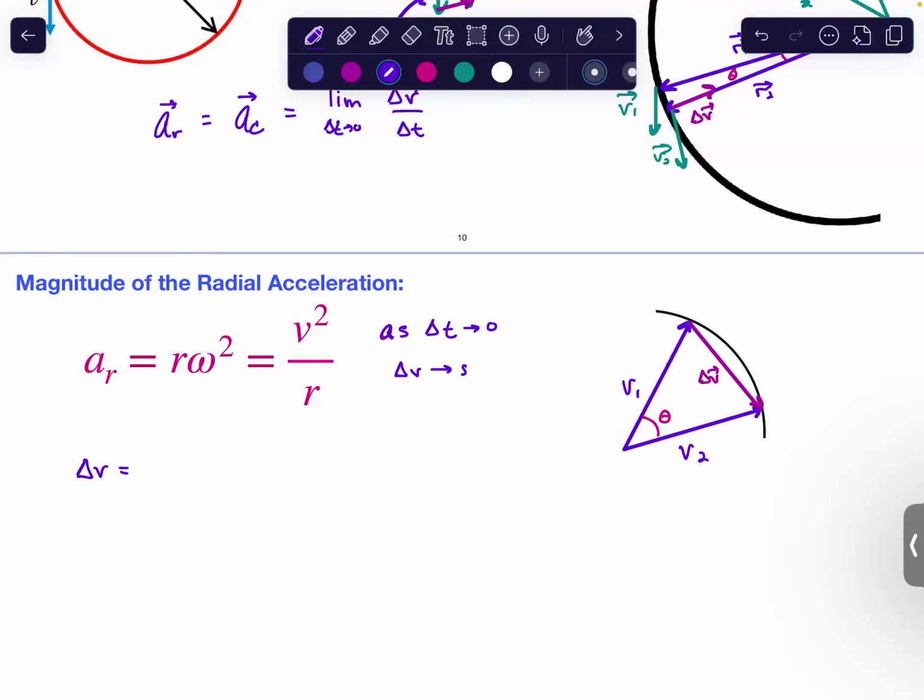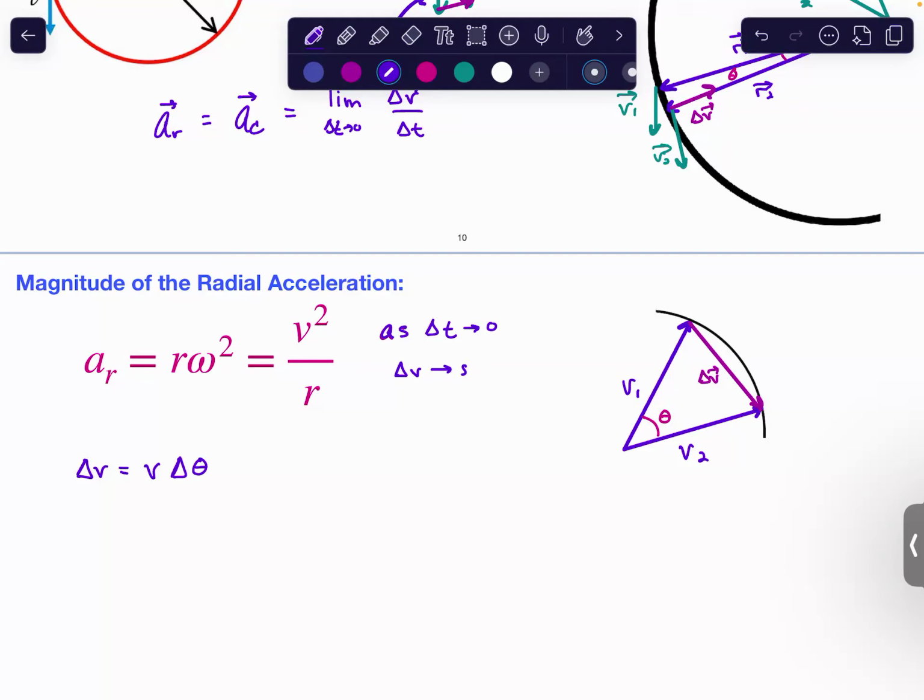Using equations we had above, we can say delta V equals, so remember this time your radius is the magnitude of V. Is that two mu? Or is that another V?